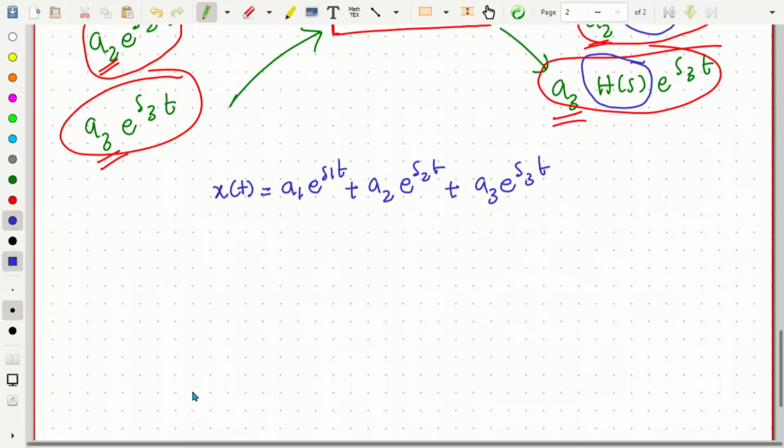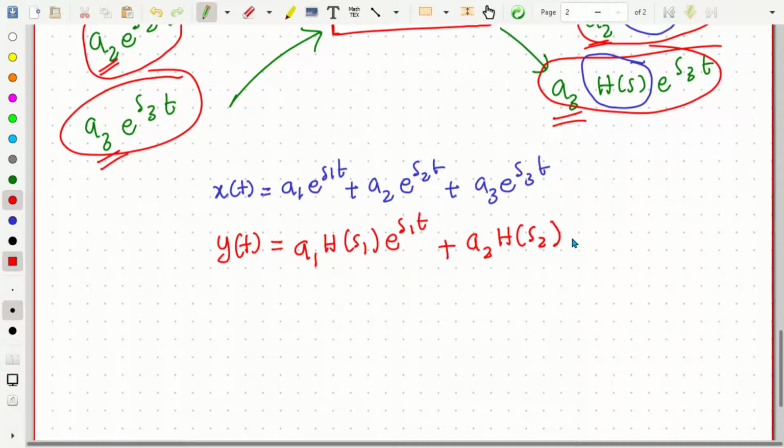If we can express the input as a linear combination of complex exponentials, then because of the linearity and time invariance, we can express the output y of t as a1 into H of s1 into e power s1t plus a2 into H of s2 e power s2t plus a3 into H of s3 e power s3t, right? So you can express like this. This is the basic idea of continuous time Fourier series.